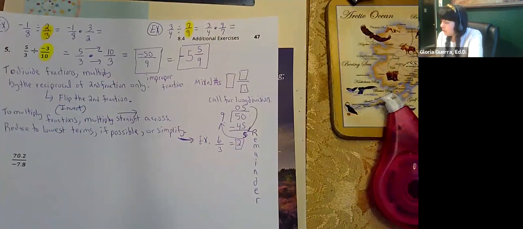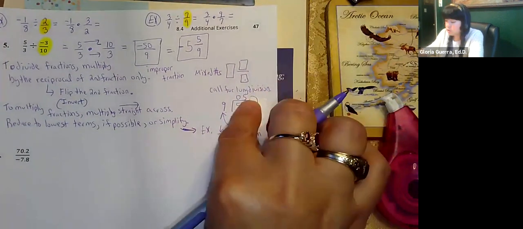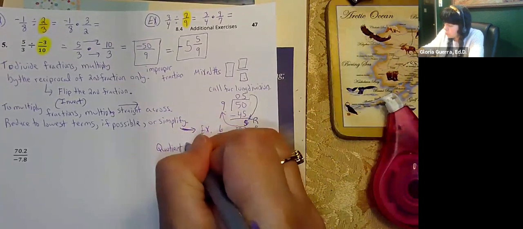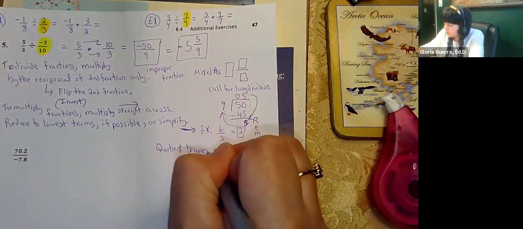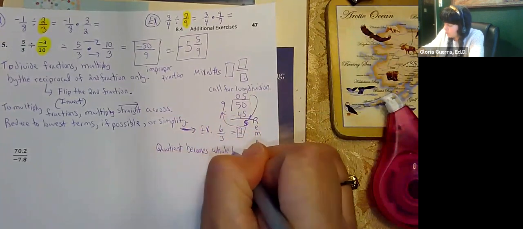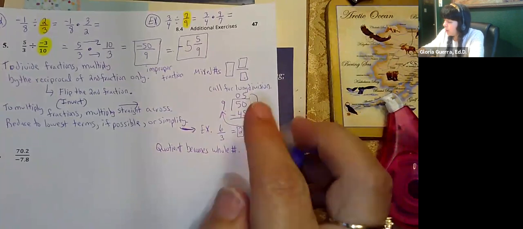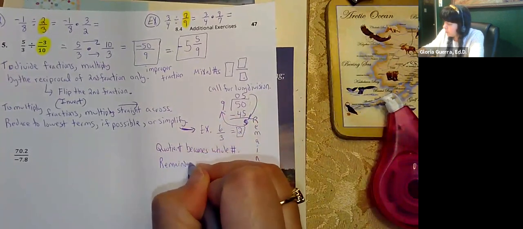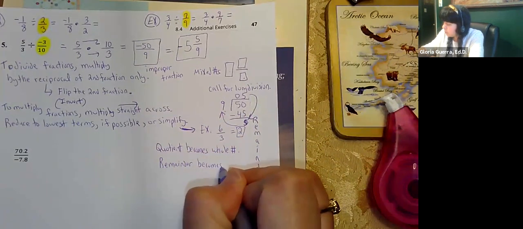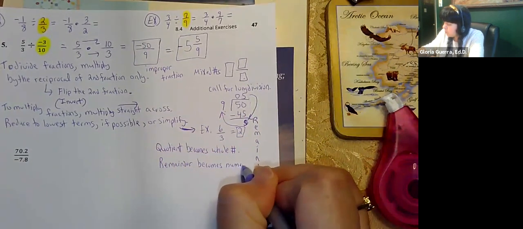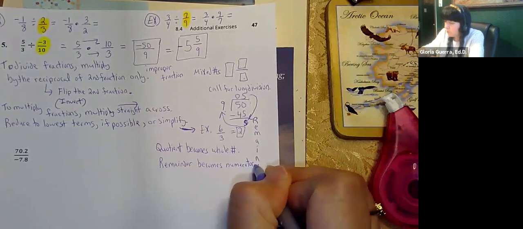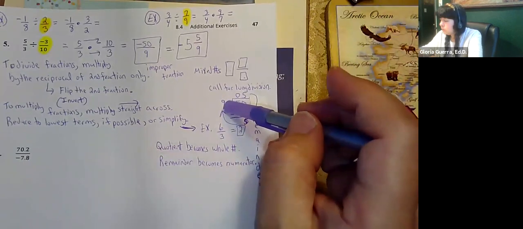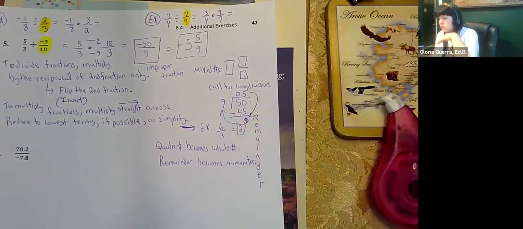Okay. So what happens is this is called the quotient. The quotient becomes the whole number. The remainder becomes the numerator. And then the 9 is your divisor.